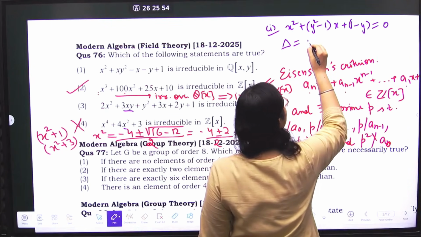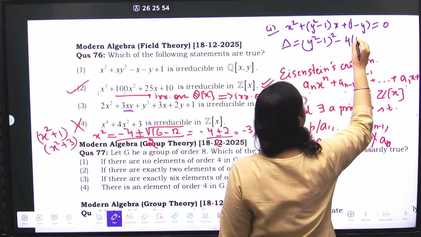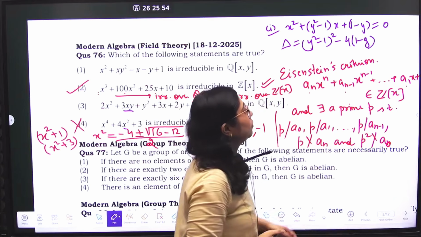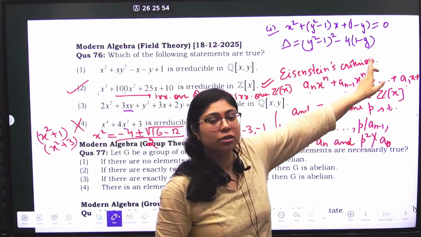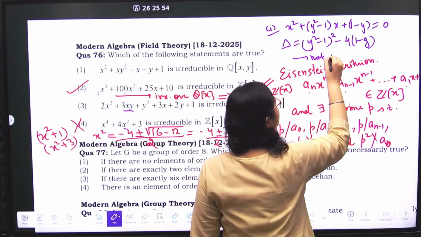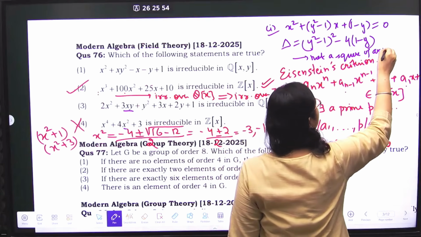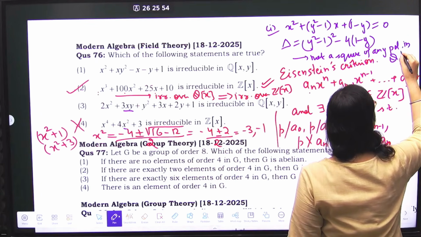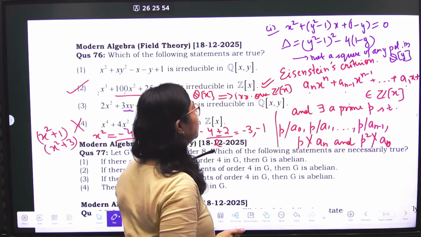So this will be (y squared minus 1) squared minus 4, where a is 1 and c is 1 minus y. And we can note that this is not a square of any polynomial in Q[y]. So this is irreducible in Q[x,y].